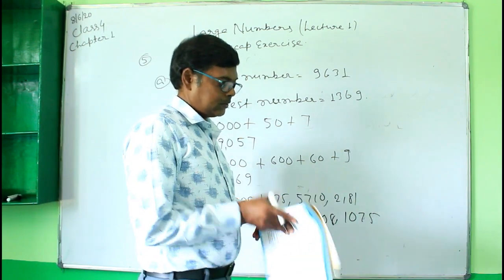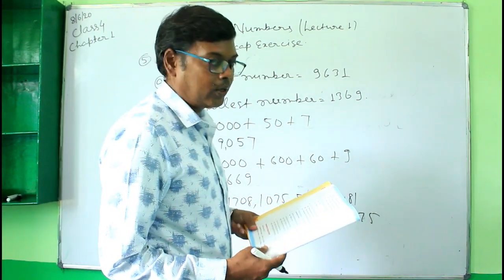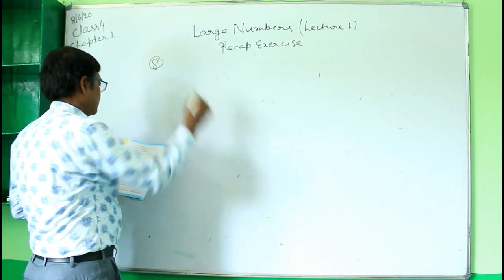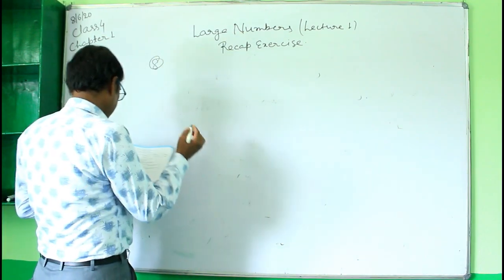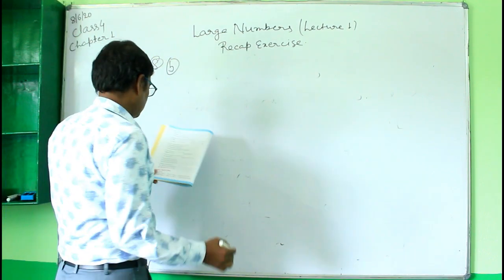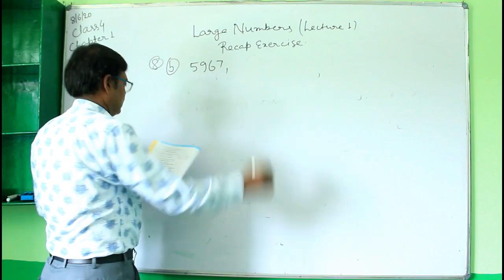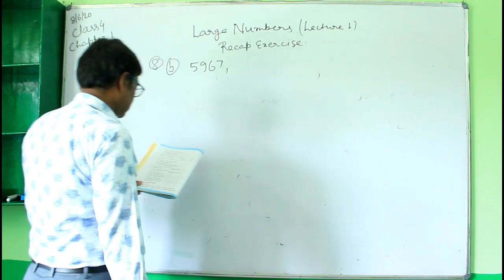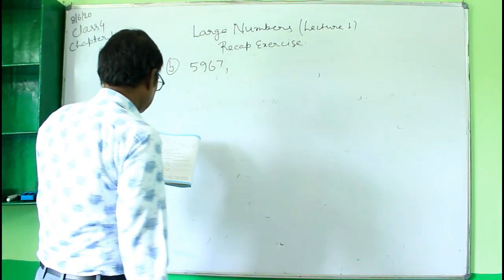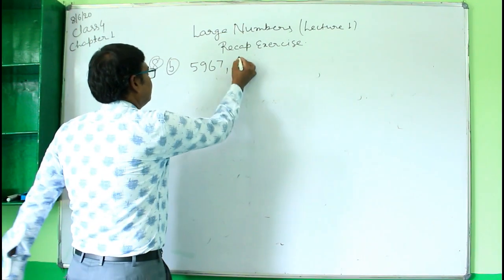The next question is question number 8, arrange in the ascending order. I will write 8B. The first number is 5,967. Then the next number is 6,825.